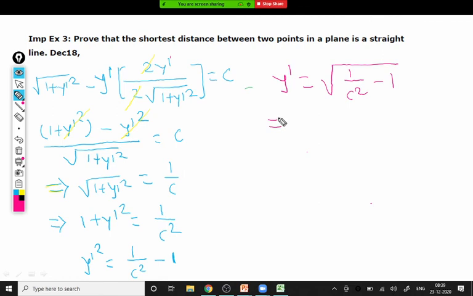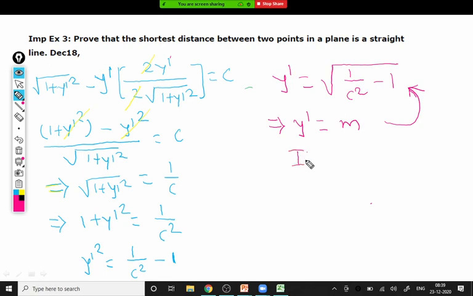Now this gives us y dash is equal to m, where m is that square root, because this entire thing is some constant. Root of 1 by c square minus 1 is some constant. Is it clear? Yes, sir.